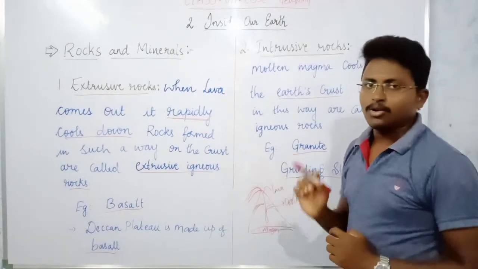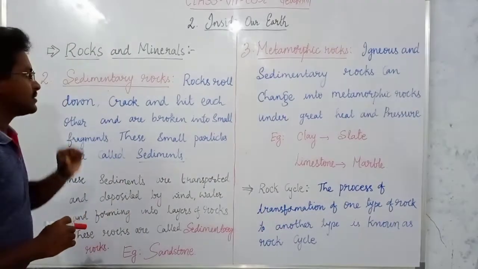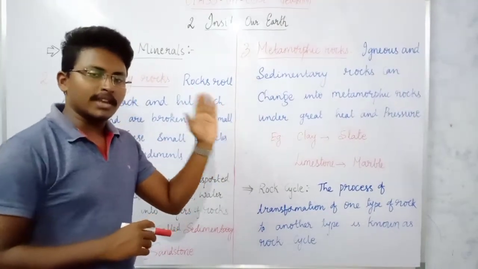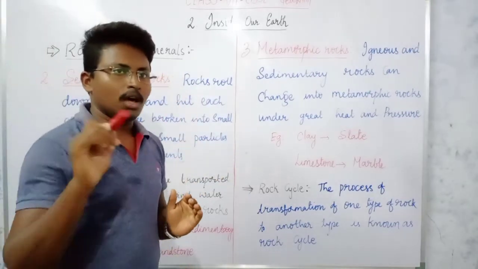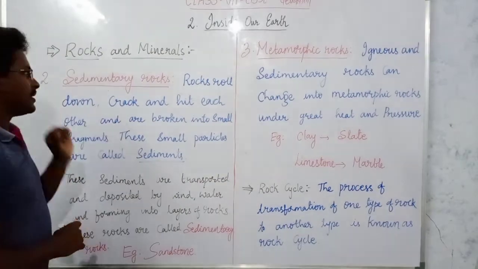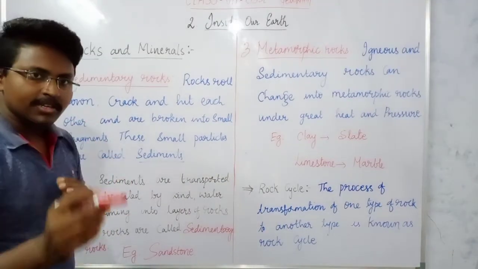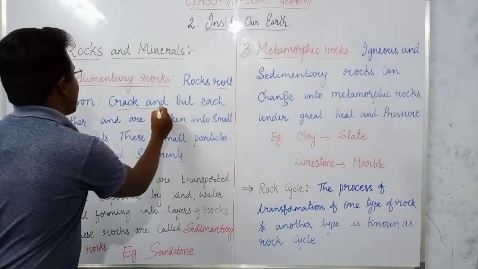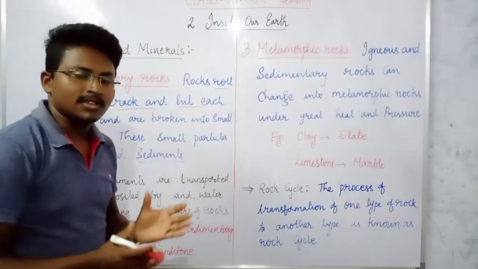Now let us talk about the second type of rocks which we have to discuss, the sedimentary rocks. We have seen what igneous rocks are and what the different types of igneous rocks are. Now let us talk about sedimentary rocks. How they form is that these igneous rocks roll down, crack and hit each other because of different physical processes.